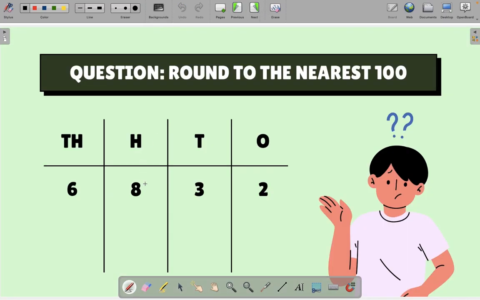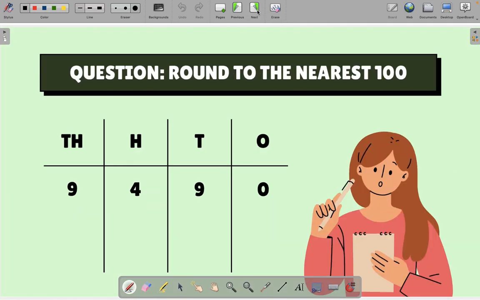Again, nearest 100. 6800. Yeah, 6800. Then 9500. Yeah.